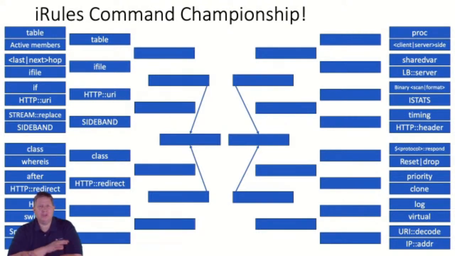After parks that connection and allows other traffic to be handled. So after is far more powerful than using a for, and far more appropriate than a for loop. But HTTP redirect, there's some things you can do in policy with redirection, but you can't do permanent redirects in policies, and so you have to drop to iRules for that.